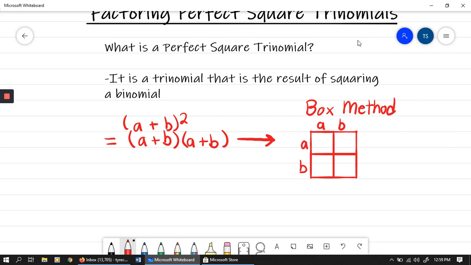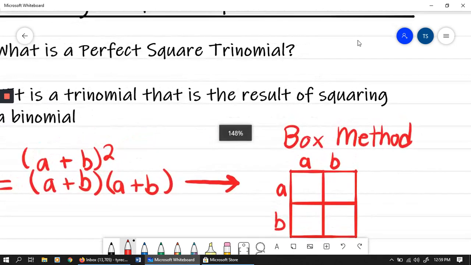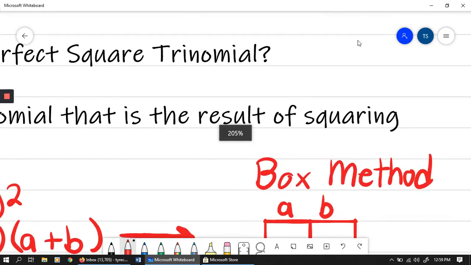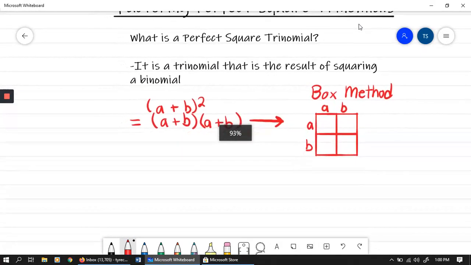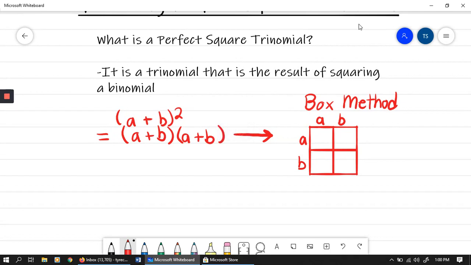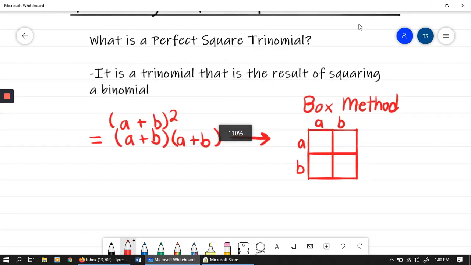So if we do that and continue, a times a is a squared. A times b gives you ab. Again, a times b gives you ab.